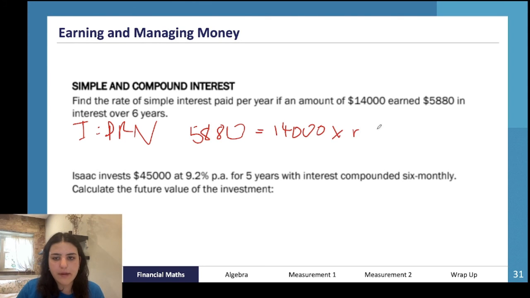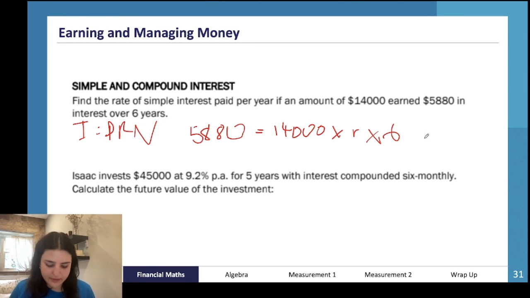Our rate is what we're looking for, and we know it was over 6 years. So what we can do is 14,000 times 6, which is 84,000. We subtract that from 5,880.